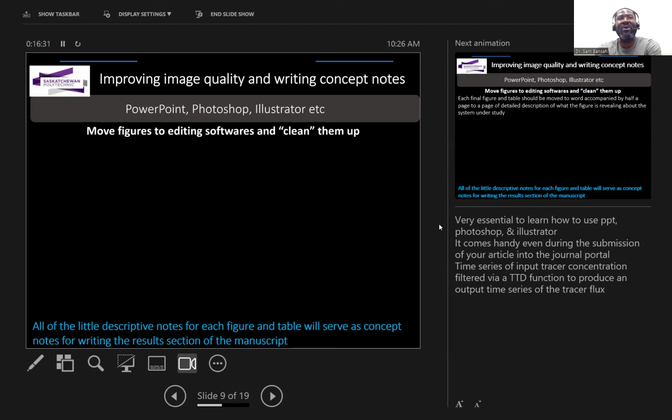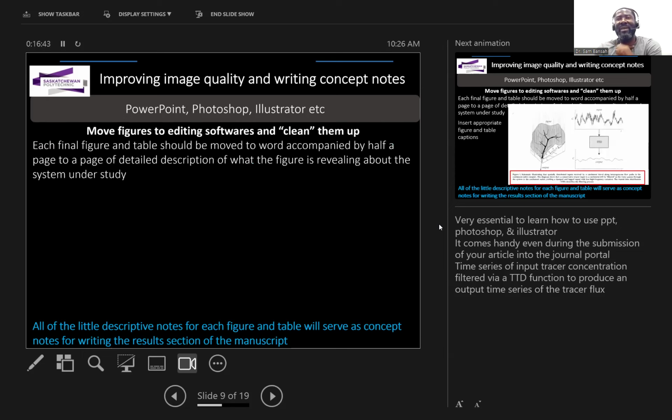So once all your figures are clean, your tables are nicely made, what I'll suggest, and what I do, is that I move each of the figures onto Word. So each final figure and table, I move it to Word, and then I write a detailed description of what the figure is revealing.